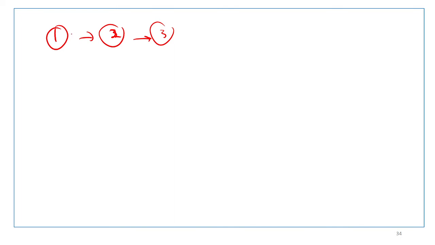In the special case, special case number 1 is called transient equilibrium. So what is transient equilibrium?